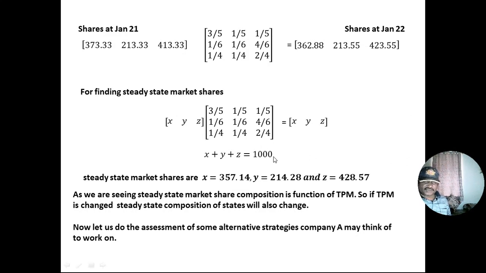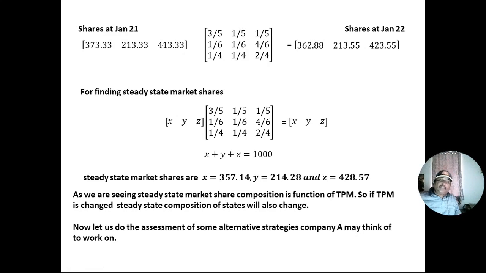One is this, and you just consider two out of the other three. So you finally will have three equations, after solving which you will get x equal to 357.14, y equal to 214.28, and z equal to 428.57. This is going to be the market share.